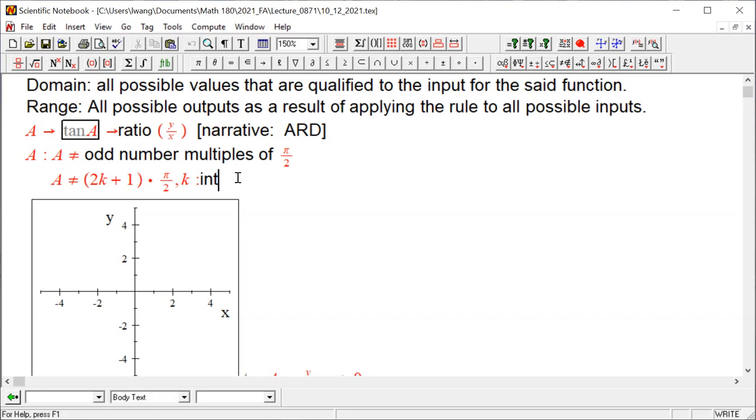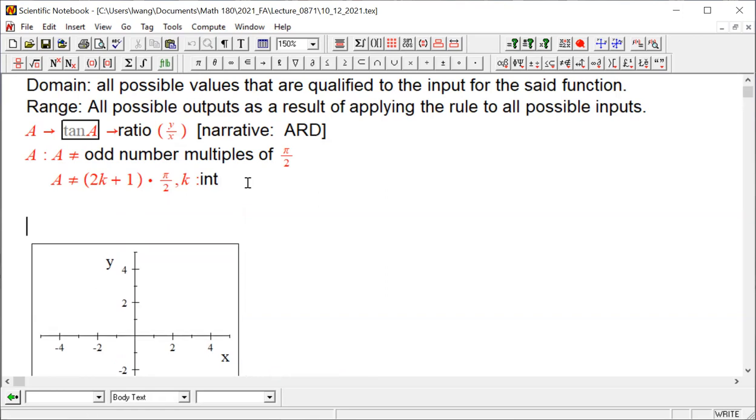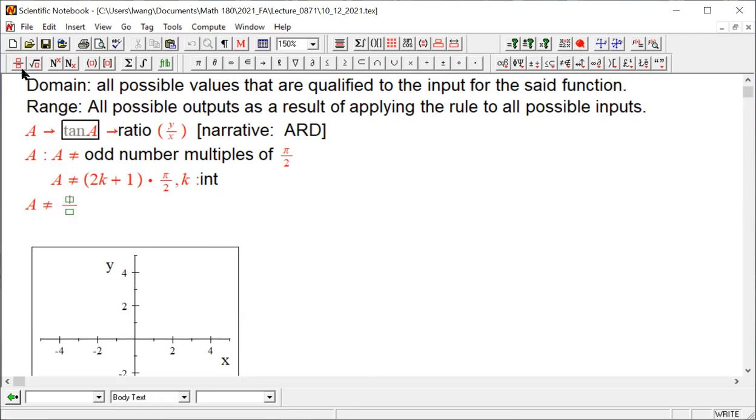All right, with that said and done, what do we realize? A cannot be what? It cannot be pi over 2, positive or negative. So if you look at the number line, you line up where you're going to write pi over 2.